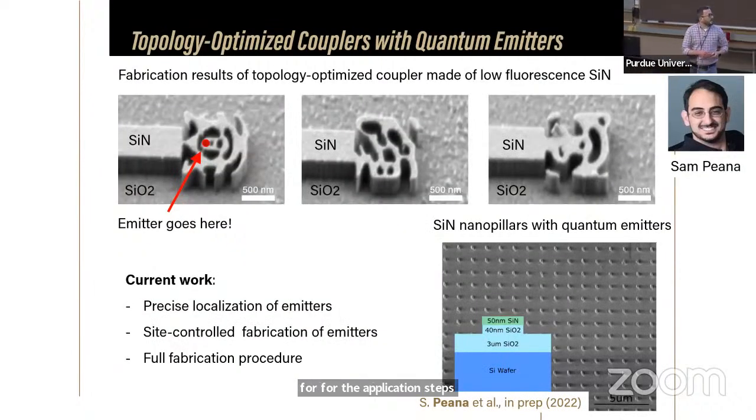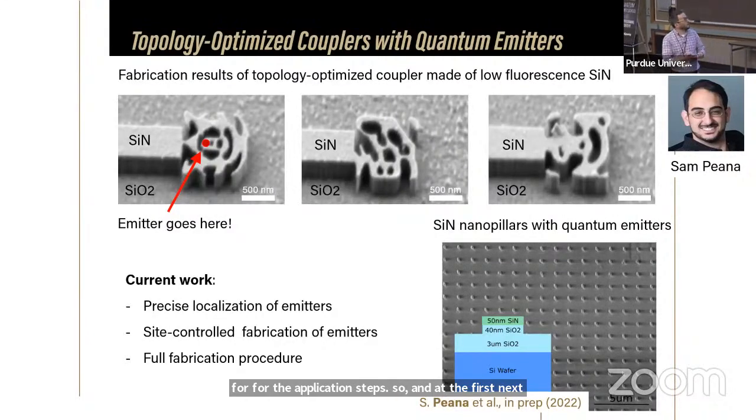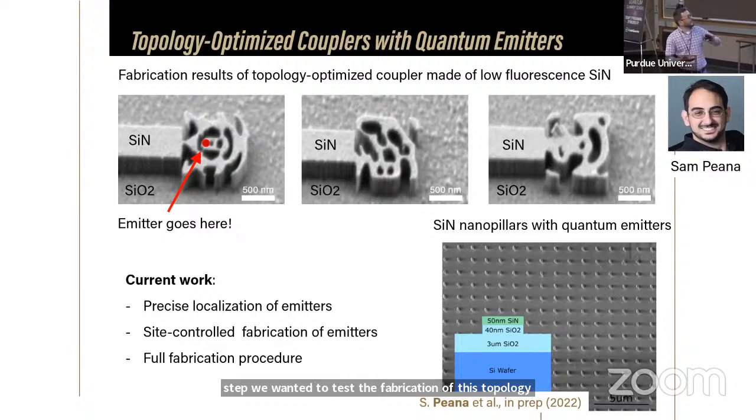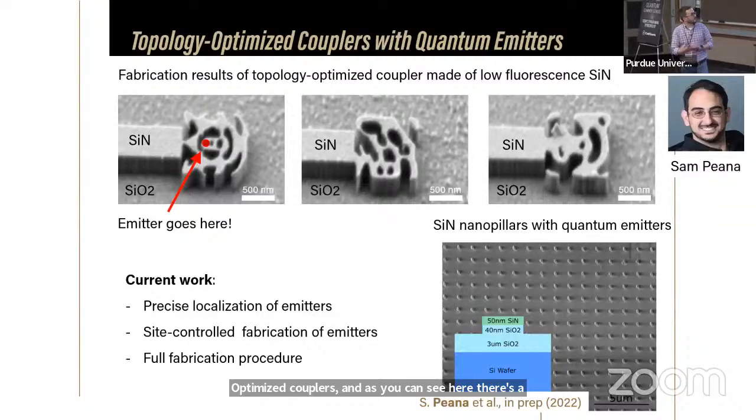And at the next step, we wanted to test the fabrication of these topology optimized couplers. As you can see here, there's a first approach of the fabrication of silicon nitride topology optimized couplers on silicon dioxide substrates.